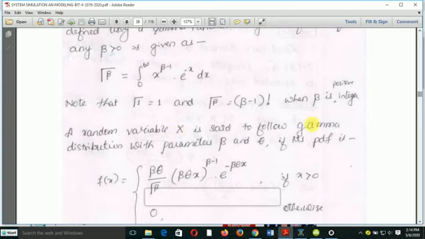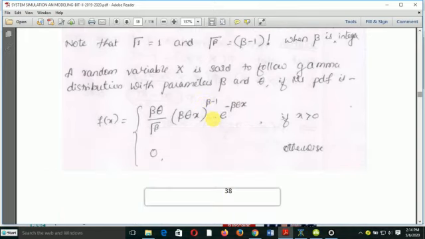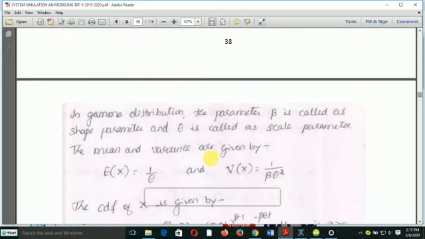We can say that x follows gamma distribution with parameters beta and theta if its PDF is equal to this formula, with the requirement that x must be greater than 0, otherwise it will be equal to 0.